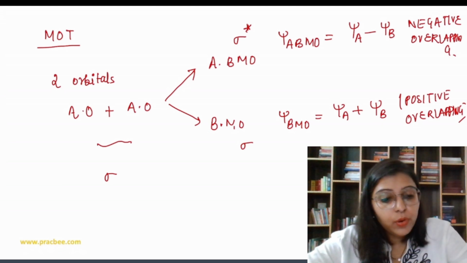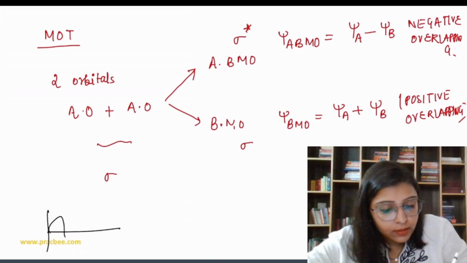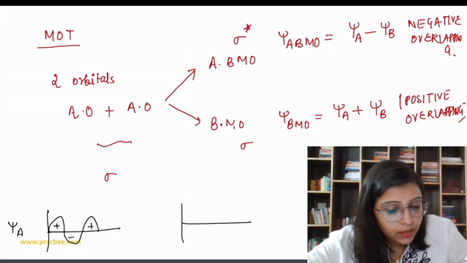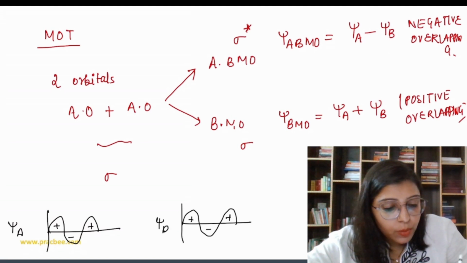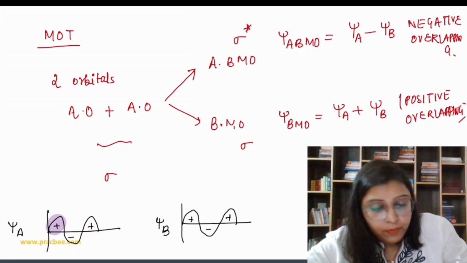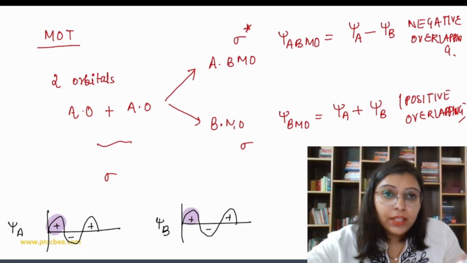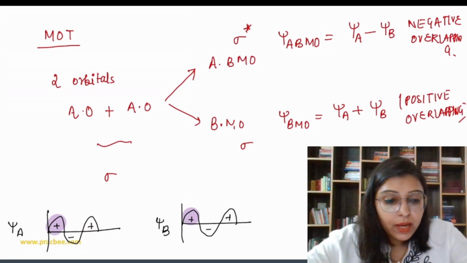Now just try to understand what I am saying. What is the meaning of positive overlapping and negative overlapping? See, if psi A is this wave function, positive, negative, positive. This is psi A. And if we have psi B, this positive, negative, positive. If the positive part combines with the positive one, that's a case of positive overlapping.